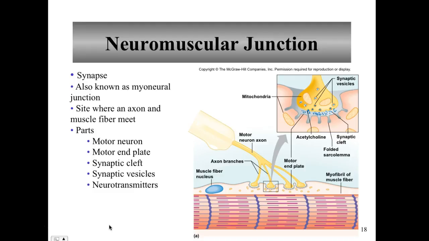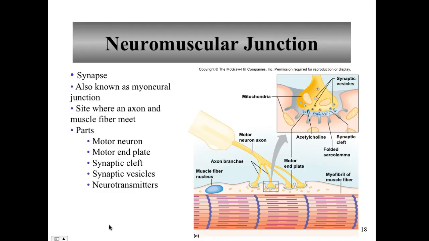At the neuromuscular junction, this is going to be the site where a motor nerve ending, or what we call a nerve fiber, is going to be in contact with a skeletal muscle fiber. So this is where the two meet, a nerve fiber and a skeletal muscle fiber.